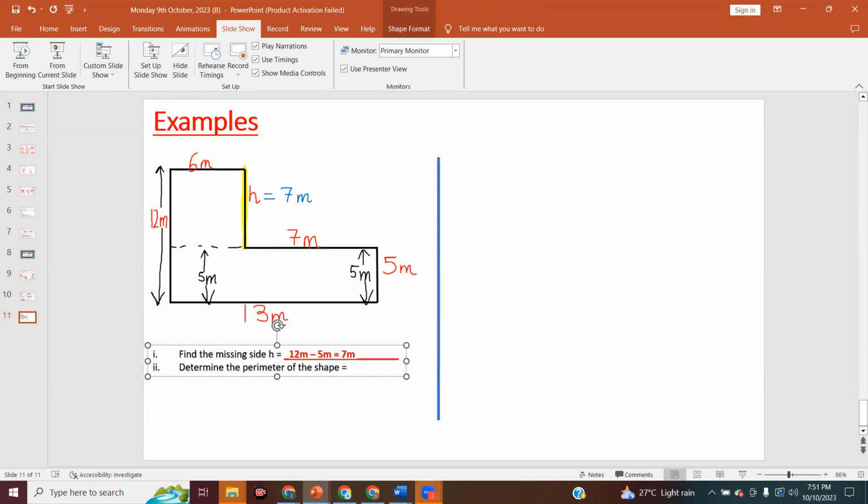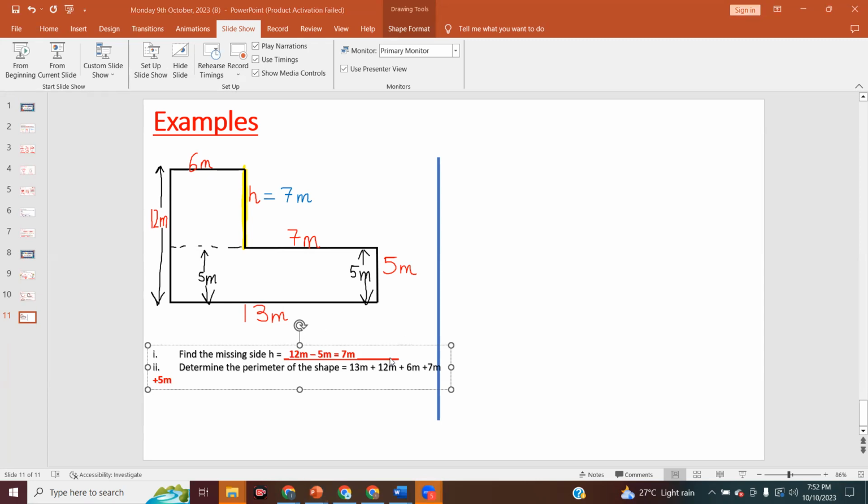Let's start with 13. So we have 13 meters plus 12 meters plus 6 meters plus 7 meters plus 5 meters, right? Make sure your mic is not on when you're not speaking.